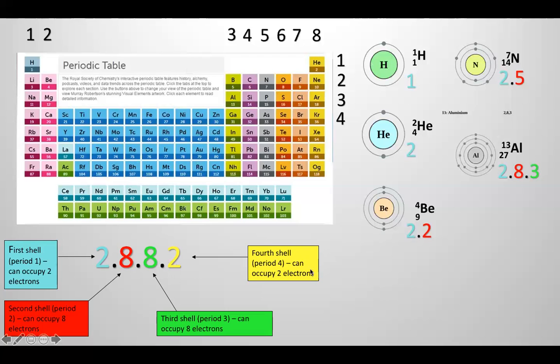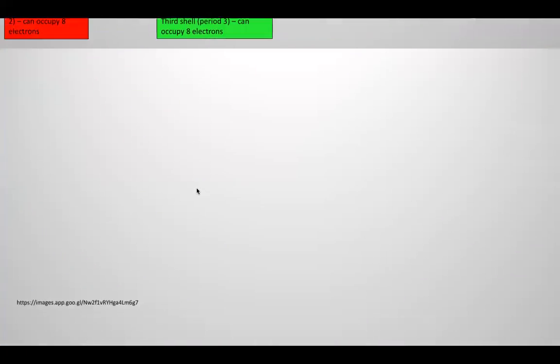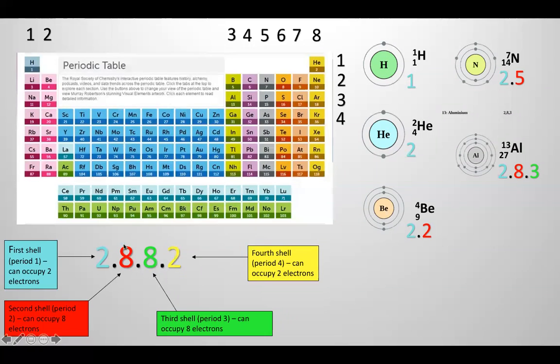And it's really easy if you think about it, guys, if you just follow these rules. So you just need to remember 2, 8, 8, 2. So first shell, second shell, third shell, fourth shell. Oh, sorry, period 1, period 2, period 3, period 4. Okay? Right then.